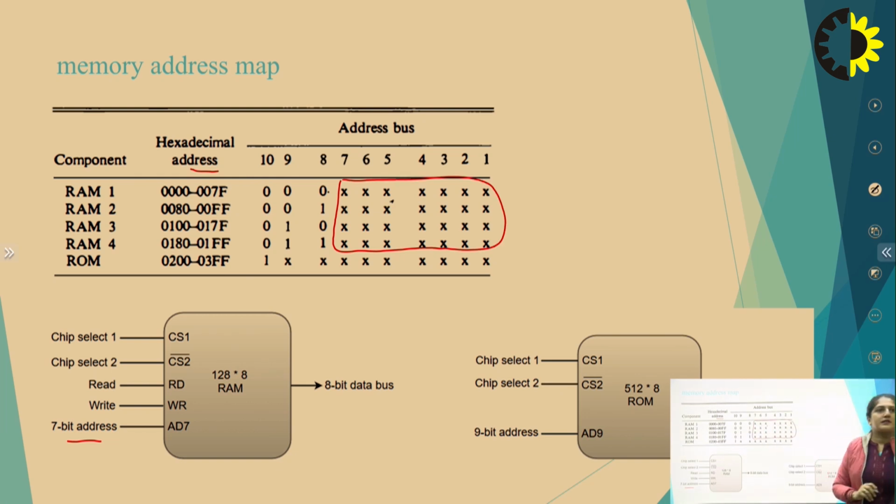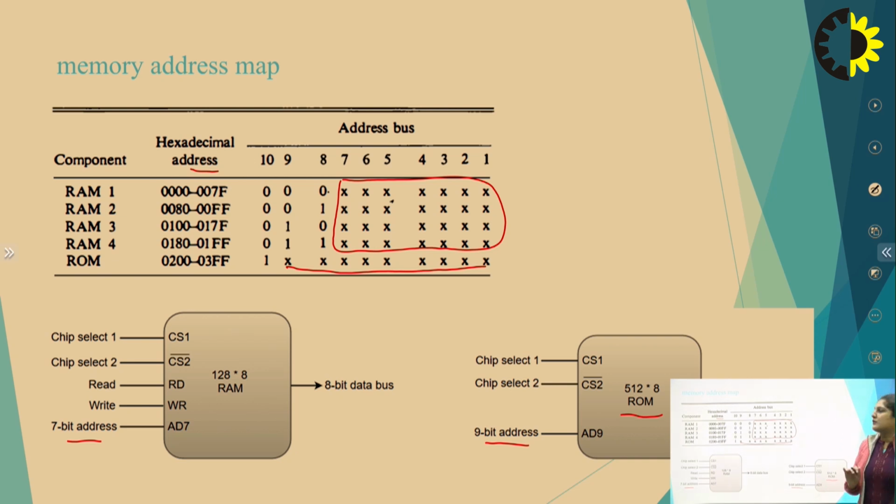All are crossed because they show the address bus of the different RAM 1, RAM 2, RAM 3 and RAM 4. Similarly, for the ROM, we are using 512 into 8 ROM. The single chip is also 512 into 8 and the address is 9-bit. So we are using bits 1 to 9 as the address bits of ROM.